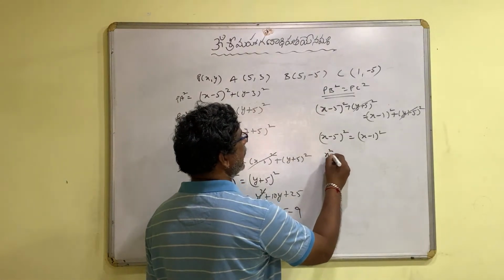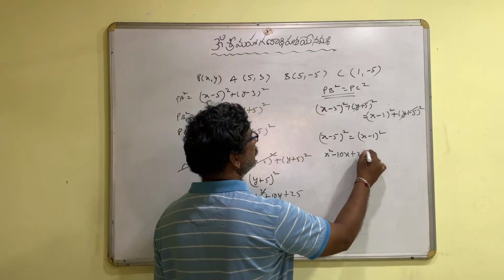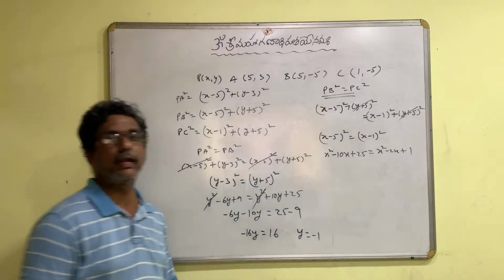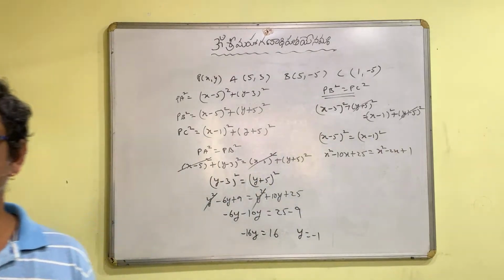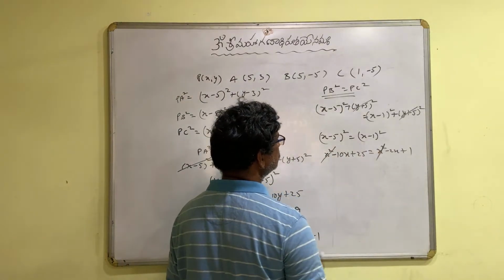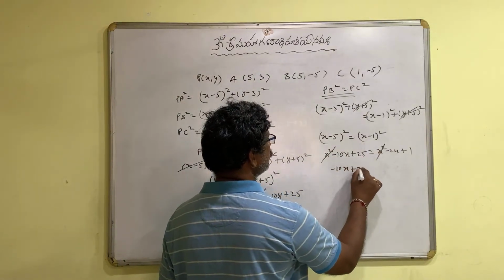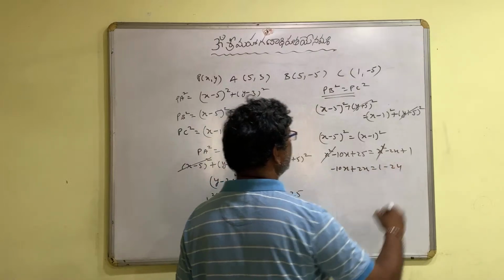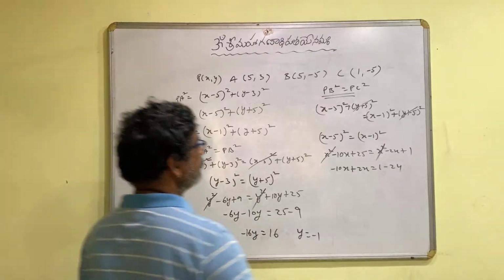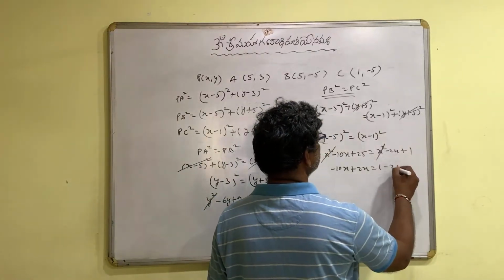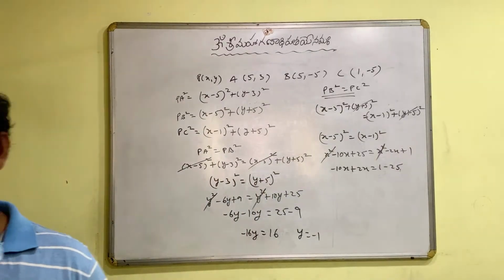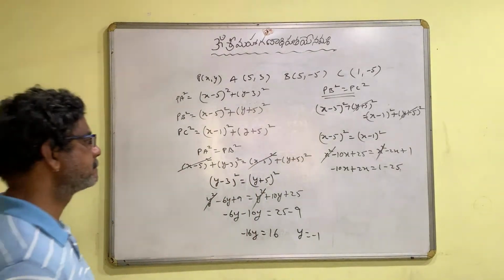expand this one: x square minus 10x plus 25, x square minus 2x plus 1. X square gets cancelled. Minus 10x plus 2x, 1 minus 25.